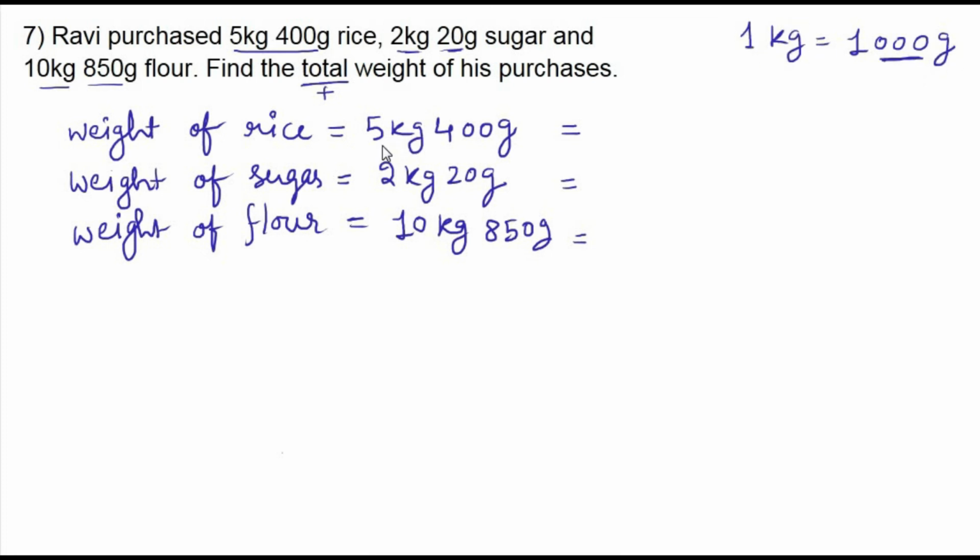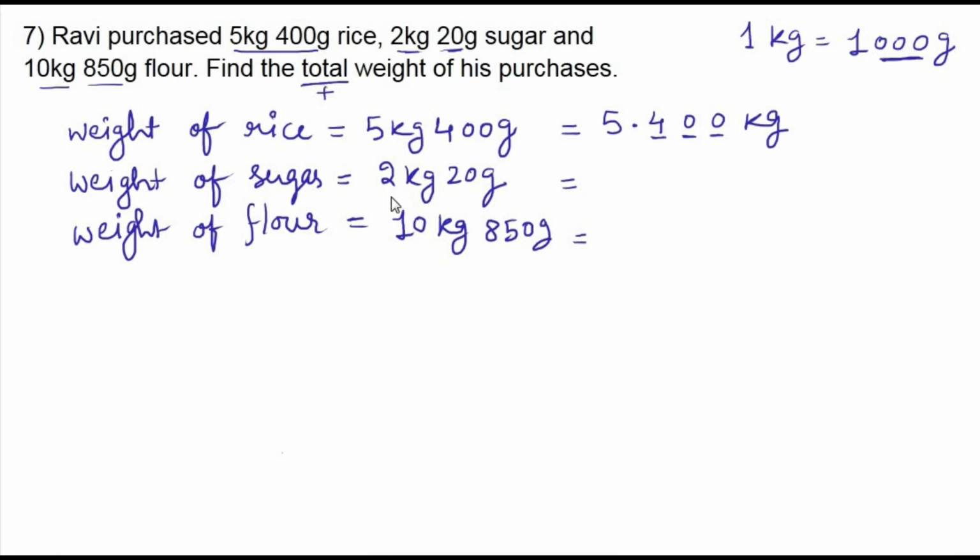First of all, we need to write down this 5 kg as it is. Then we need to put 1 decimal point to represent this gram part. So how many digits we can use to represent the gram part after decimal point? We can use 3 digits. So here we have 3 digits. So we will write 400 as it is, then kilogram.